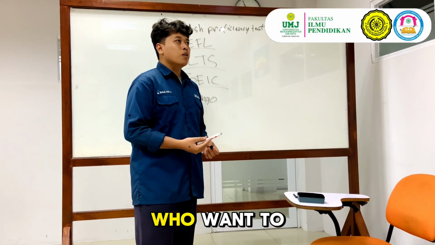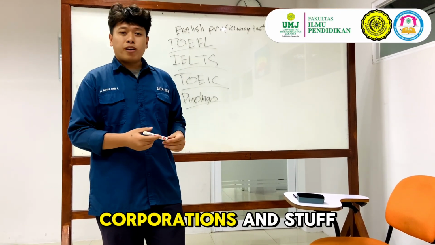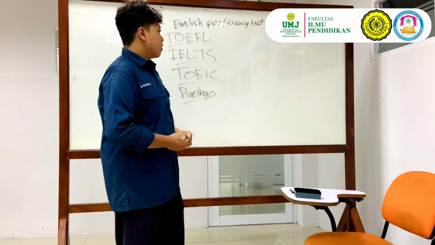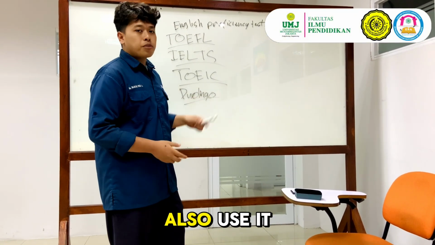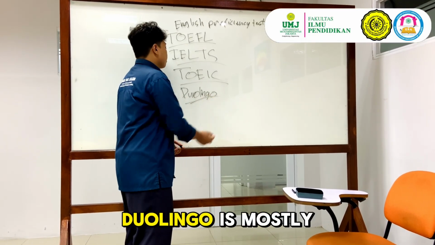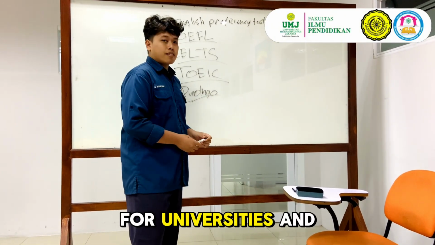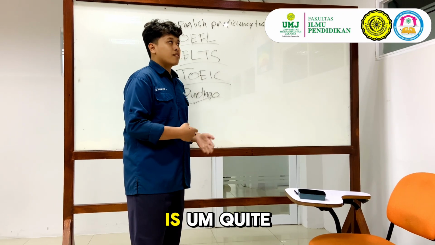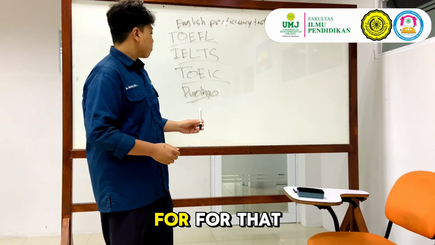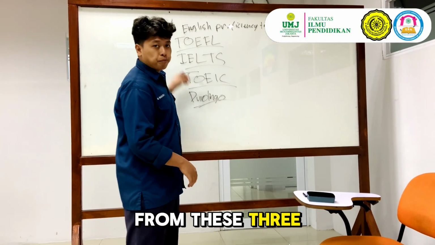For those who want to sign up for corporations and such, you can use TOEIC. But you can also use it for university, academic purposes and so on. And the last one is Duolingo. Duolingo is mostly used for academic submissions for universities. It's mostly used for that again, but the methods and the systems are quite different from the other 3.